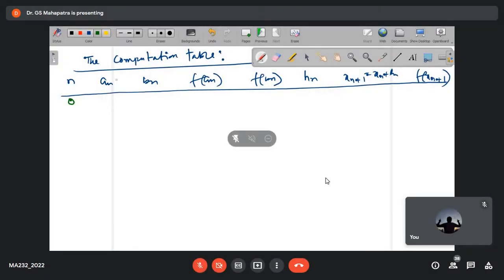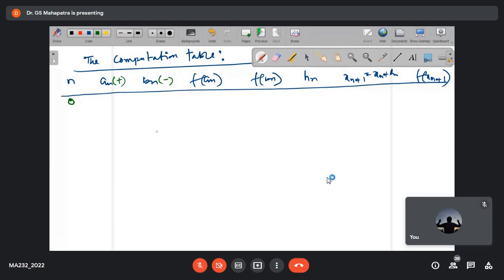Okay, you have to write that here, otherwise you will make mistakes in between steps, maybe in the third or fourth iteration, when the nature is changing, that time you will be in trouble.